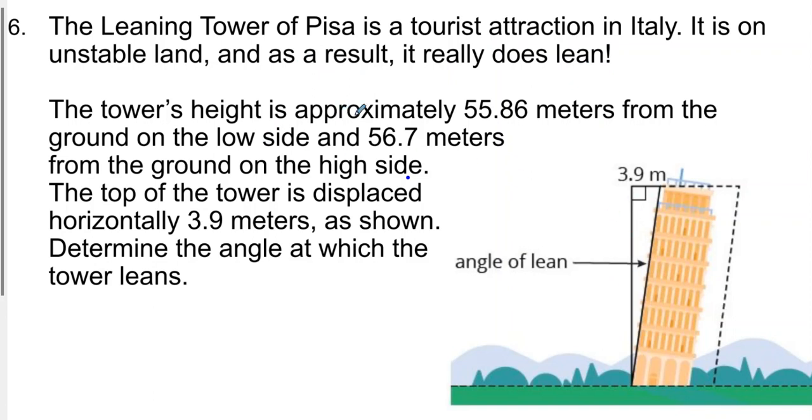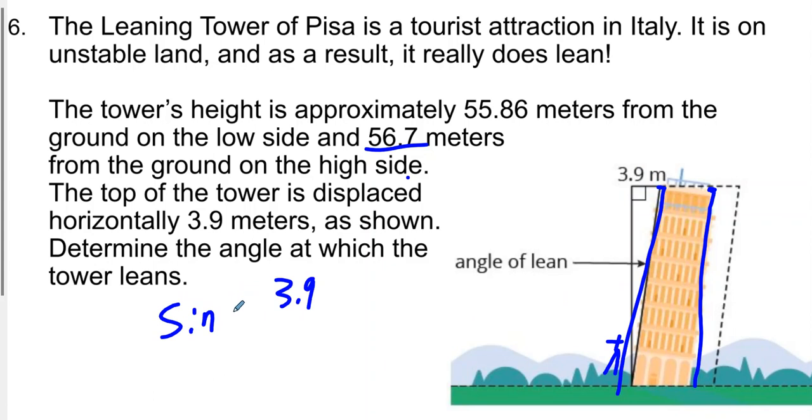So the tower's height at its low side, so that would be here down, would be 55.68. And on the high side, which would be here, it's 56.7. The top of the tower is displaced 3.9 meters, and I want to find this angle. So this opposite would be 3.9.